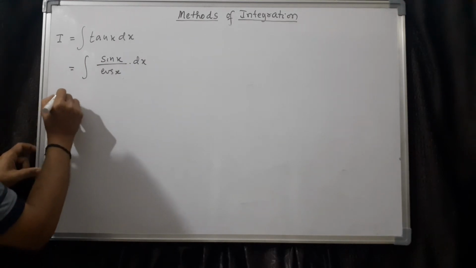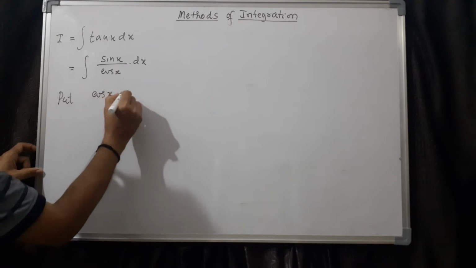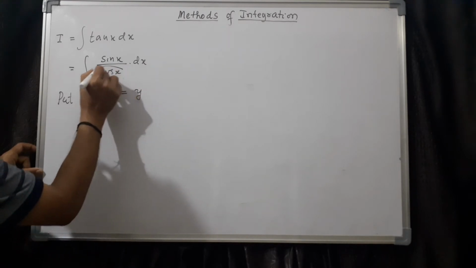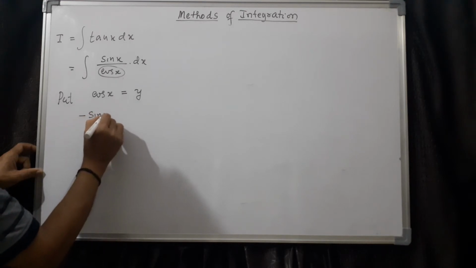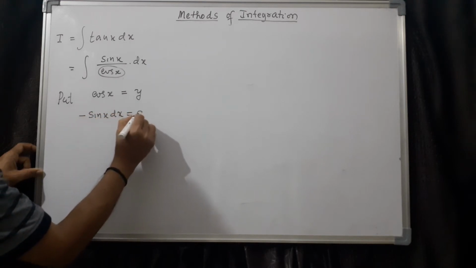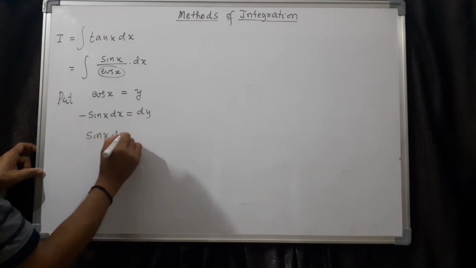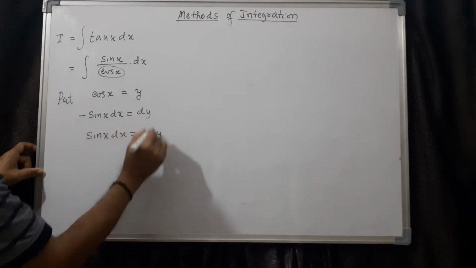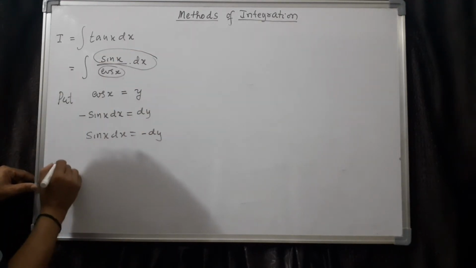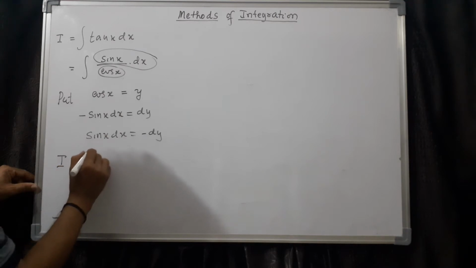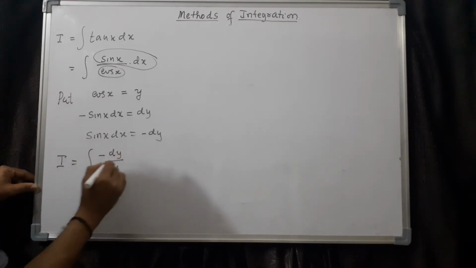So what I do is put cos x equal to y. Therefore minus sin x dx will be dy, or sin x dx becomes minus dy. Therefore we can write I equal to the integration of minus dy divided by y.